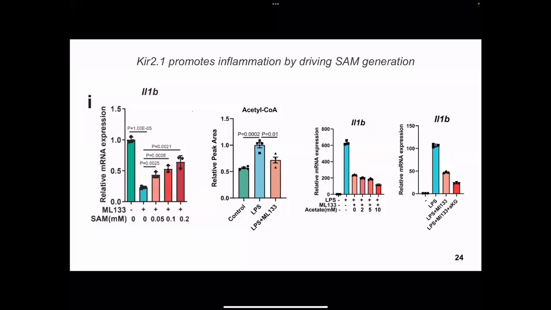But when we supplemented ML133-treated inflammatory macrophages with acetate, which is the immediate precursor of acetyl-CoA, we found that IL-1 beta and IL-1 alpha production was not restored.